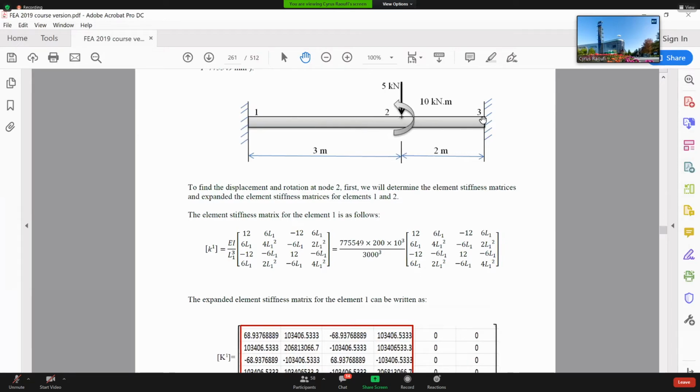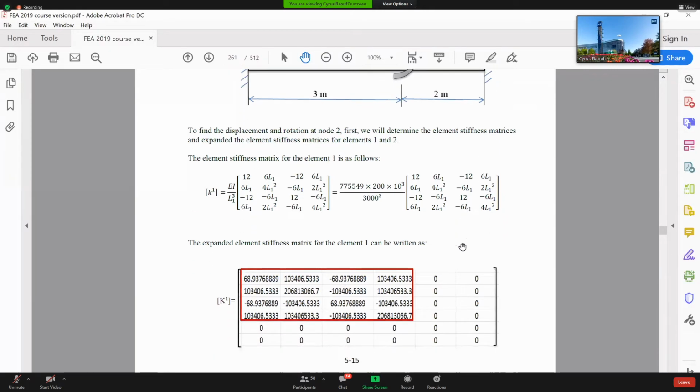Then let's see what is the size of the global stiffness matrix here. We have 1, 2, 3. We have 3 nodes, each node with 2 degrees of freedom. Then you will end up with 3 times 2, 6 by 6. Then I'm going to end up with the expanded element stiffness matrix for element number 1. I'm going to create the same as before, 6 by 6, and put all the zeros.